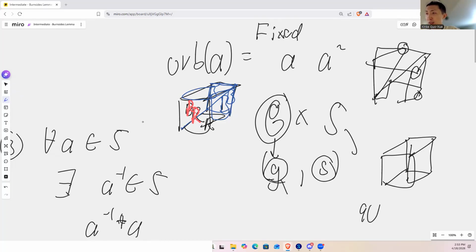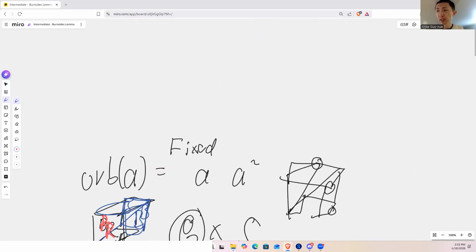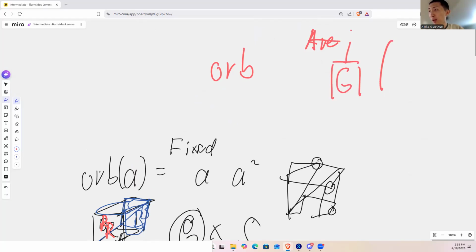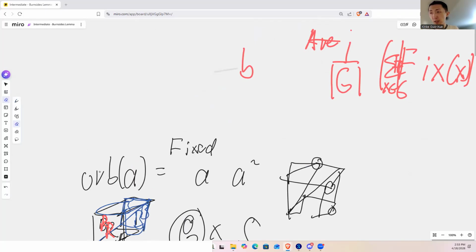So Burnside's lemma says the number of orbits is the average of the number of fixed points: one over the size of the group, times the sum of the size of the fixed set of x, as x ranges over the group.